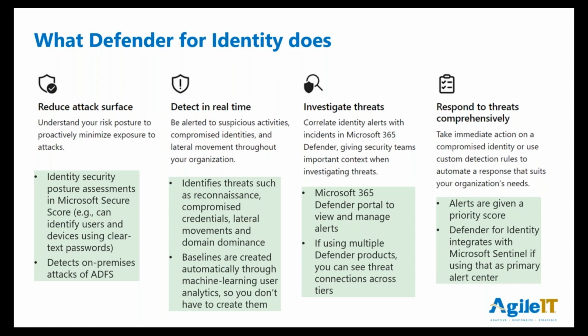Like I just said, the Microsoft 365 Defender portal is where you're going to be seeing and managing those alerts. And if you're using multiple Defender products, instead of seeing individual alerts, the portal consolidates them into what Microsoft calls incidents. And that'll just be showing you how different things are coming together. So if a phishing campaign that gets flagged by Defender for Office 365 then leads to compromised credentials that get flagged by Defender for Identity, you start to see the story of how this threat is coming together.